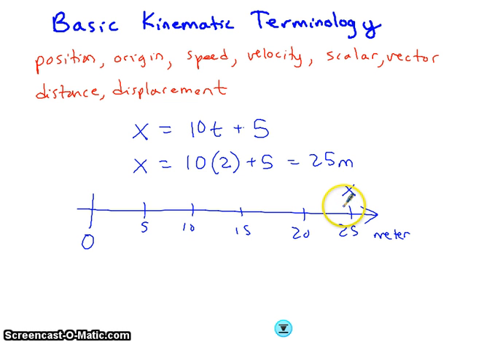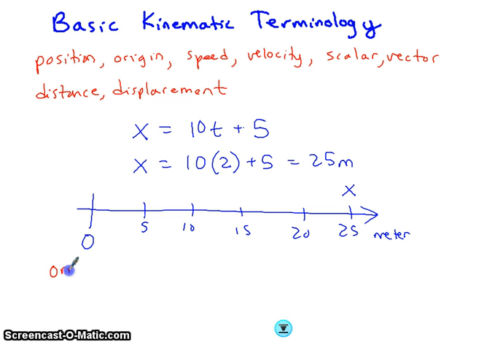It's 25 meters from 0. Now, what does 0 actually represent? It could be anything. It's arbitrary. 0 could be anything in any given problem. It's not particularly important, but 25 meters simply means that you are 25 meters from whatever you decided 0 would be. So that's a couple definitions right there.